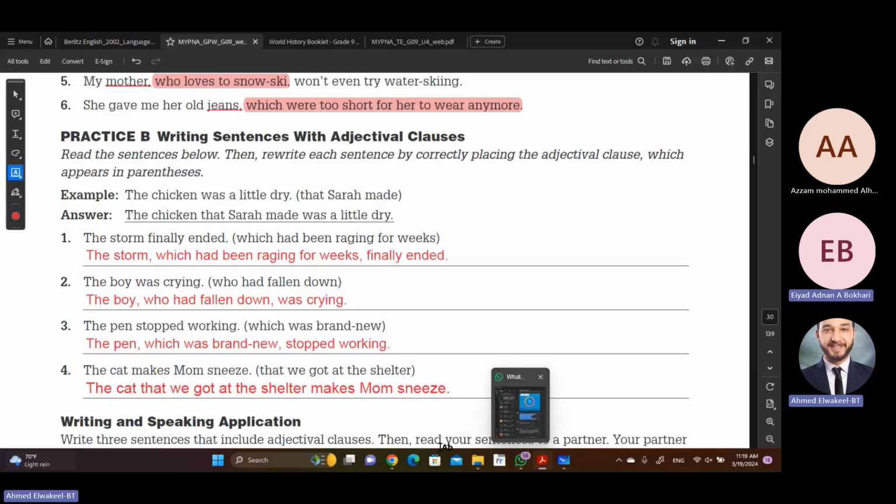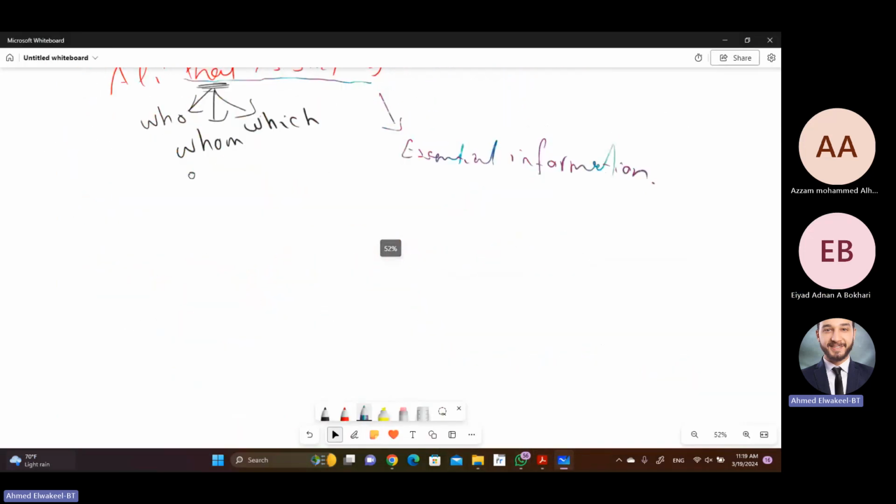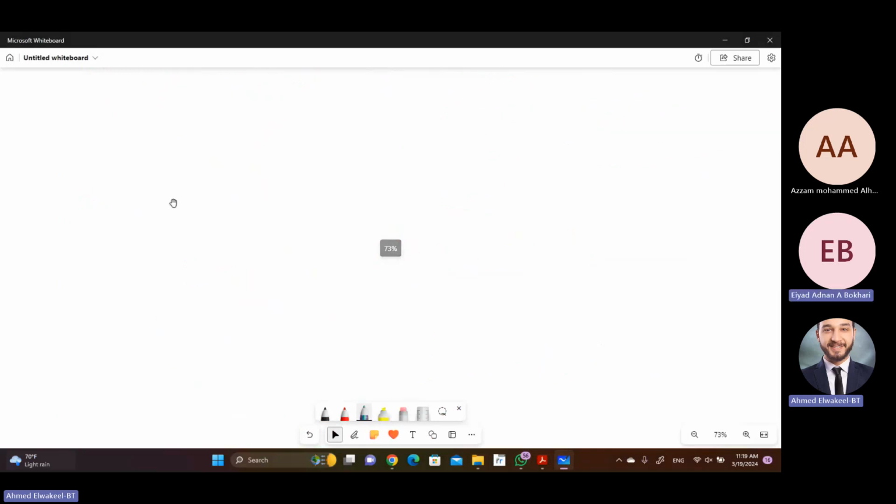Any question? Can you give us an example of a compound complex sentence? Pretty easy. Give me any sentence. Iyad is studying.